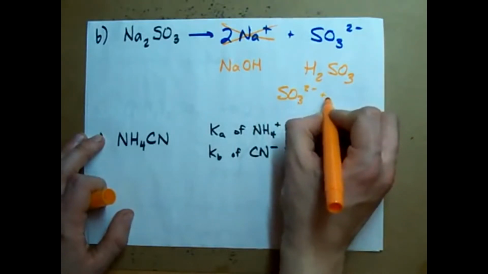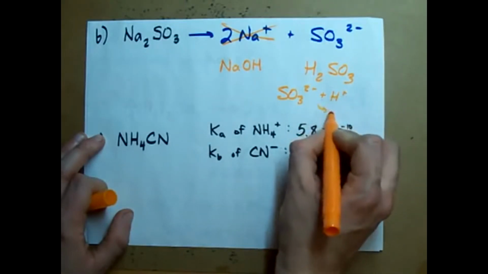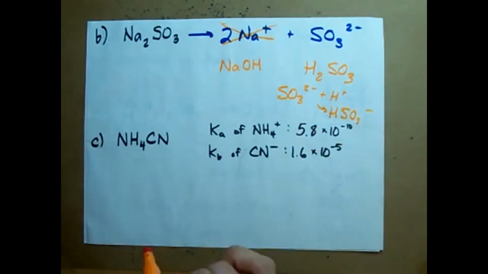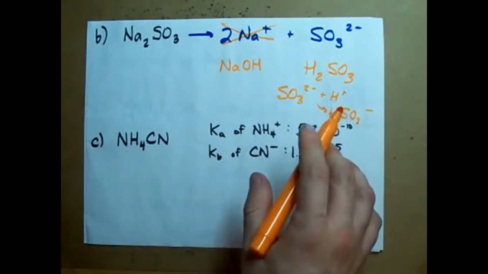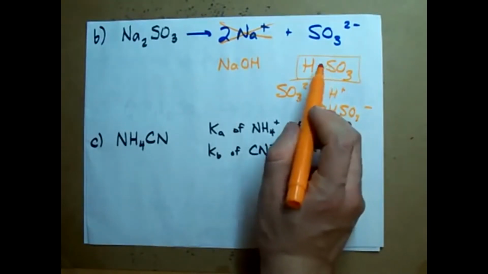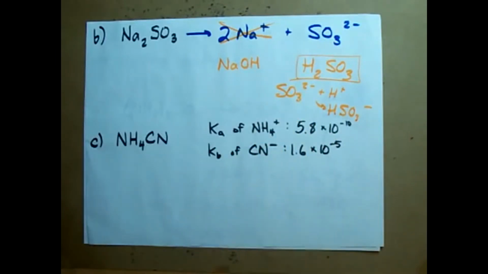SO3 2- can take a proton and suck it up into HSO3-. The reason you know that can happen is because H2SO3 is a weak acid, so its conjugate may be strong.